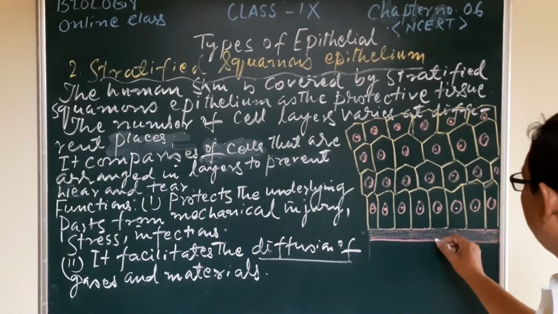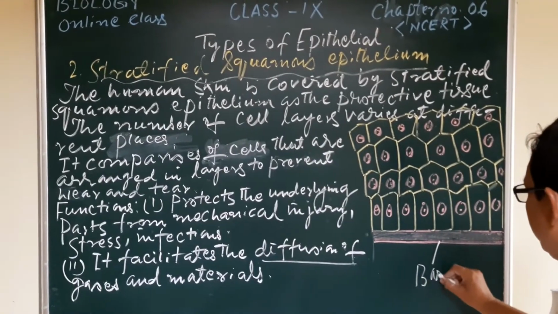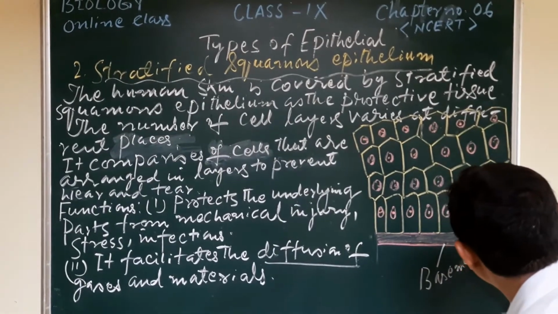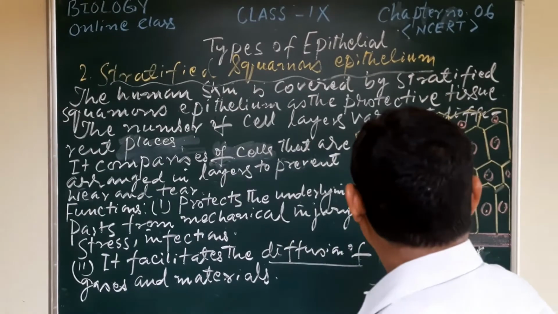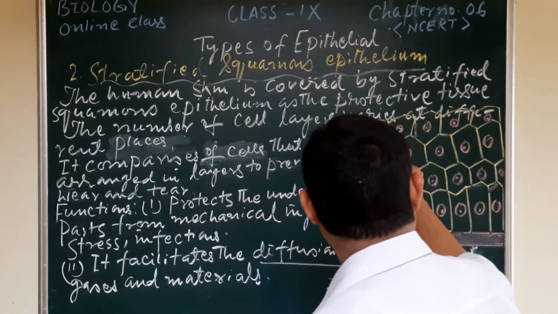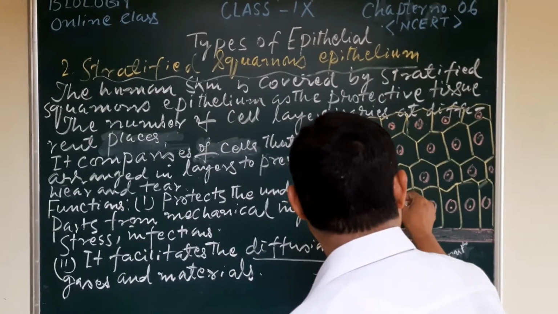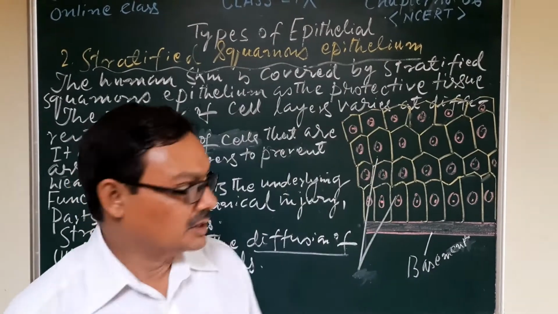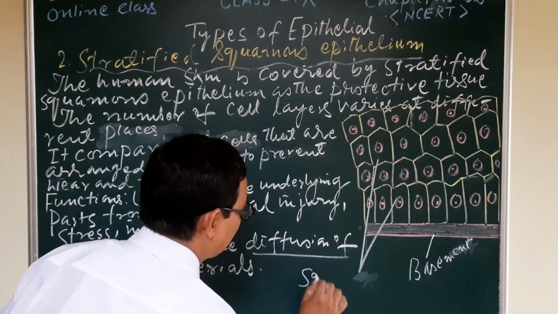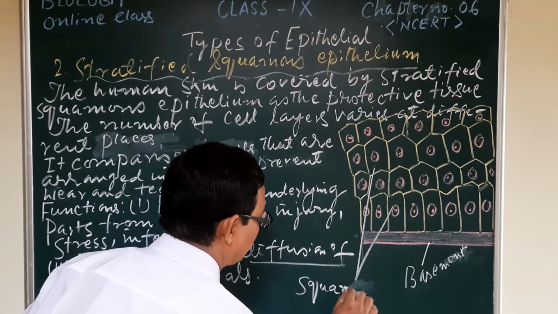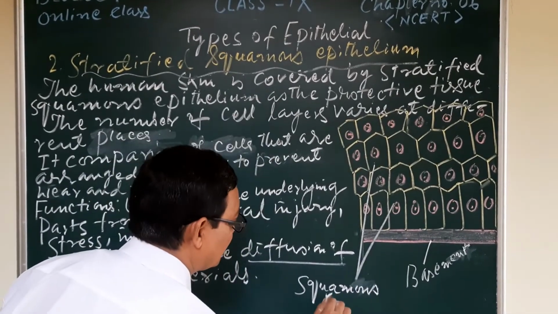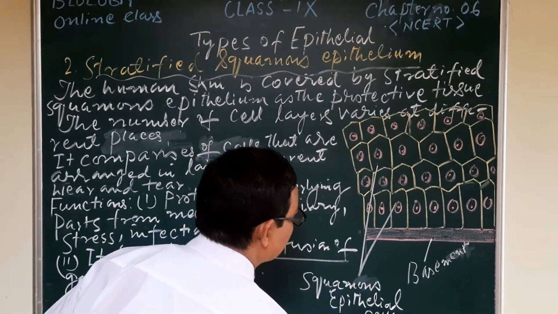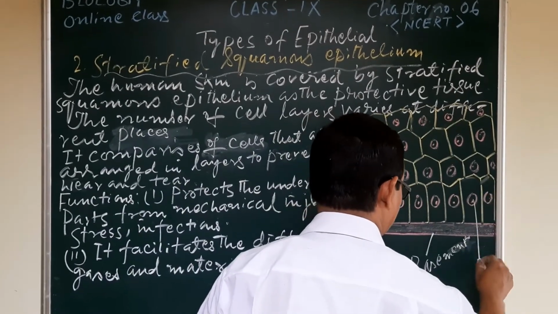Here once again you look, this is the basement membrane, these are the squamous epithelial cells, these are the stratified squamous epithelial cells, and this is the nucleus, and this is the nucleus.